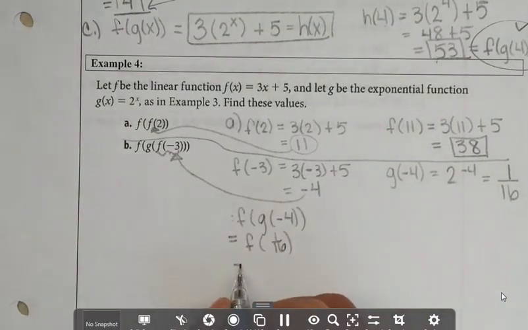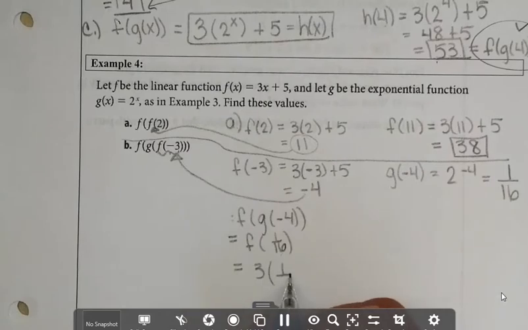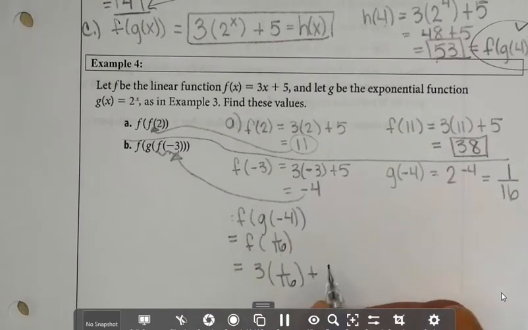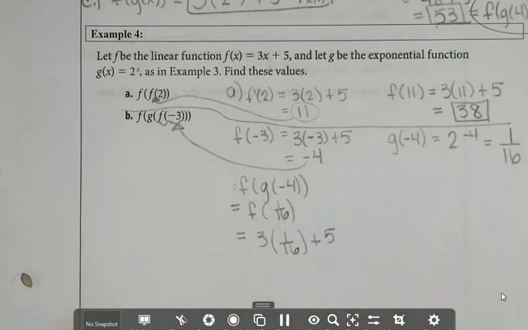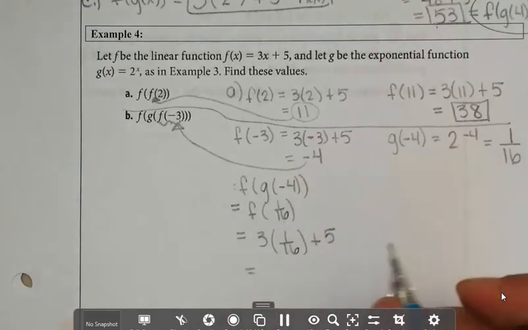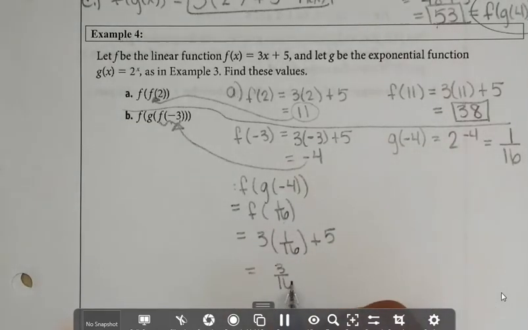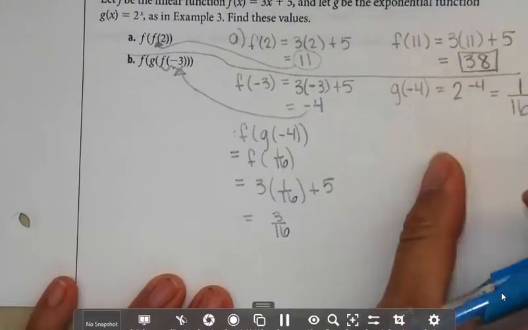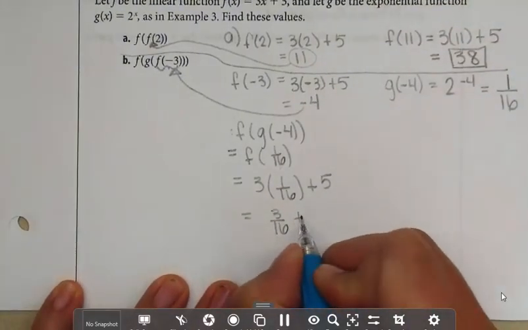Okay, so f of 1 over 16, I'm going to now plug 1/16 into x. So that's 3 times 1 over 16 plus 5. So I get 3/16. It might be easier if I make these equivalent fractions.